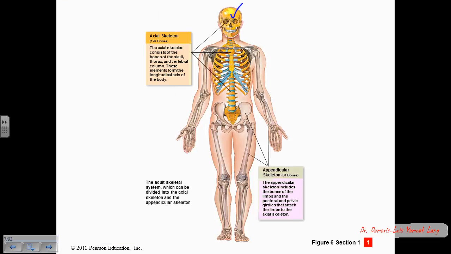So this is showing us the axial skeleton, which is the skull, the vertebral column, the sternum, the ribs, the sacrum and coccyx.